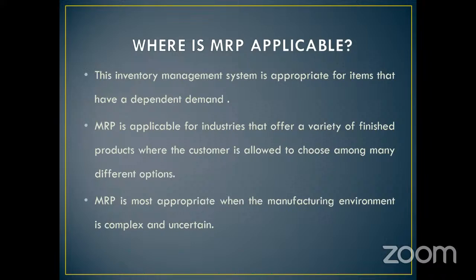MRP is applicable for industries that offer a variety of finished products where the customer is allowed to choose among many different options. Because we know the existence of your main component, main part of it, if you go back to your production layout, or the group technology layout, in that case it is a batch concept that you are going to manufacture.